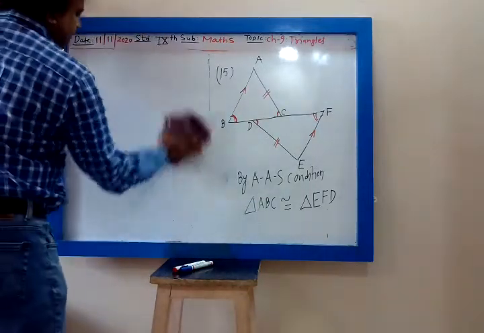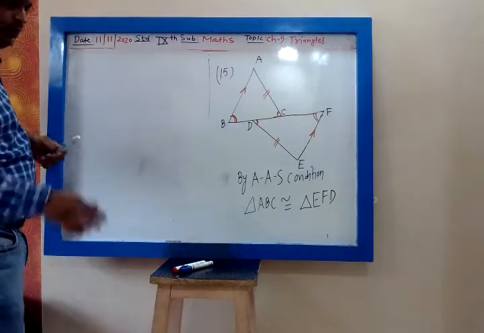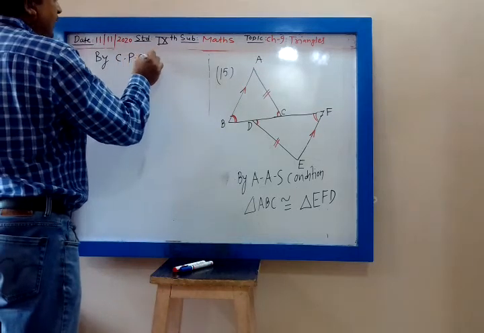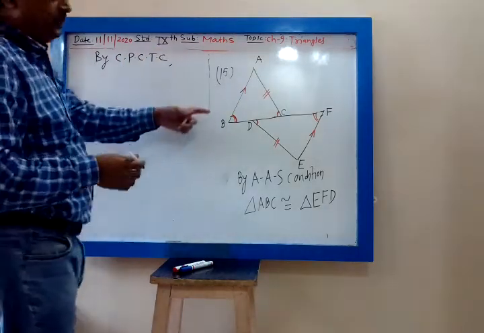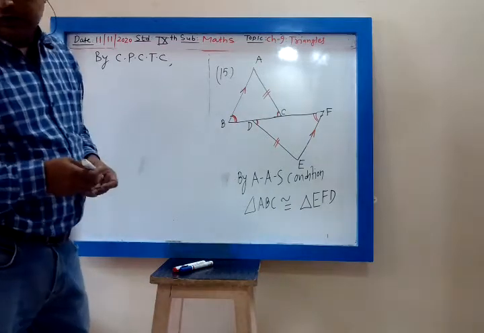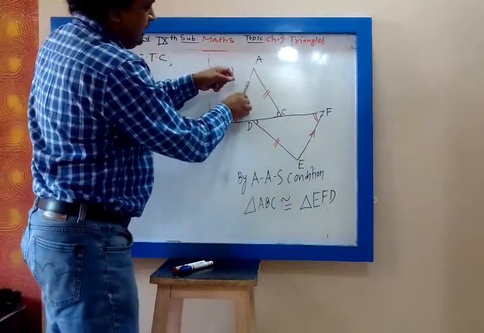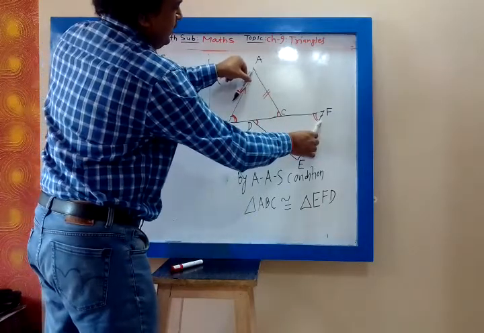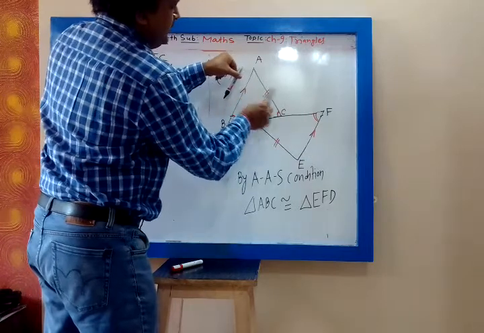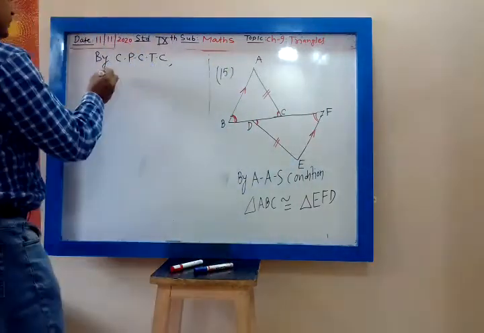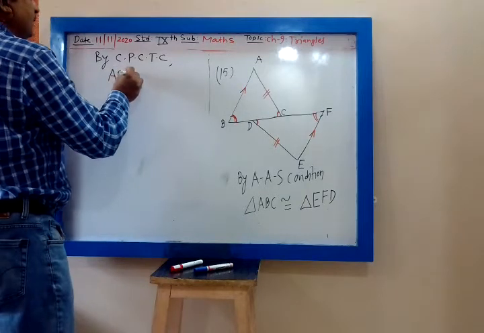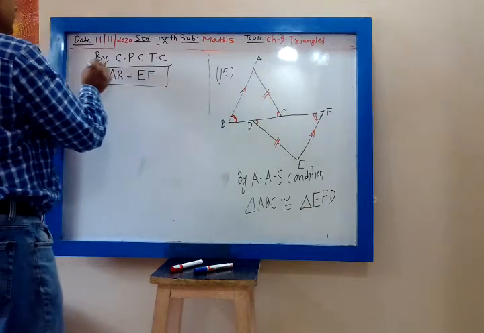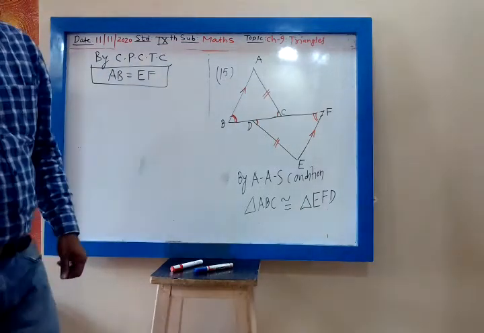What do we get? What do you want to prove? This is the remaining side. So when two triangles are congruent, their corresponding sides are equal. So AB is equal to EF. So first part we have done. AB is equal to EF, we wanted to prove by CPCTC.